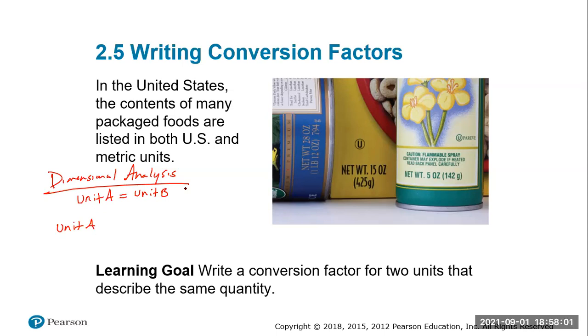We could use this equality and write two conversion factors: unit A over unit B, which is really just a fraction with numerator and denominator, or unit B divided by unit A.